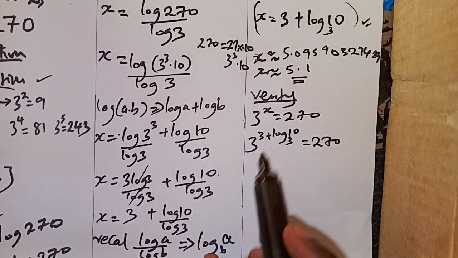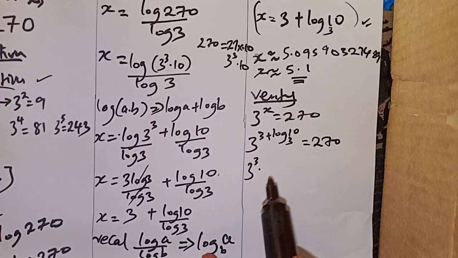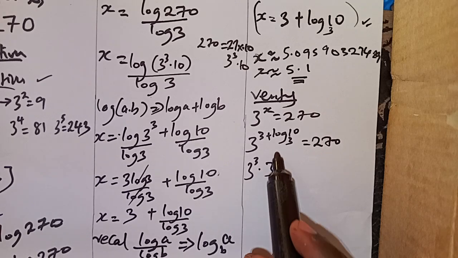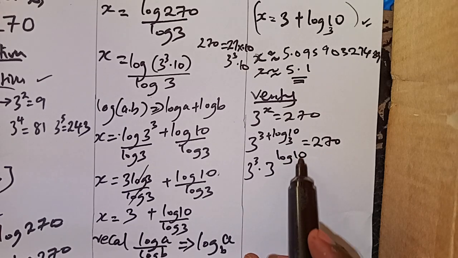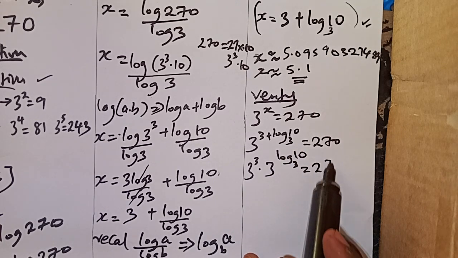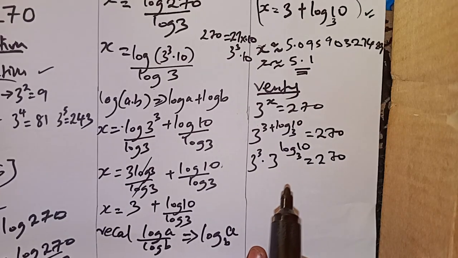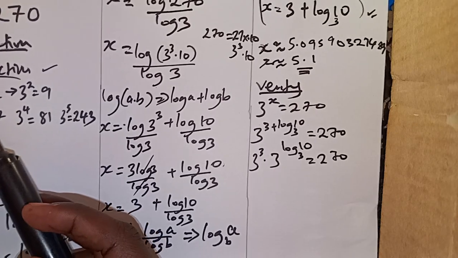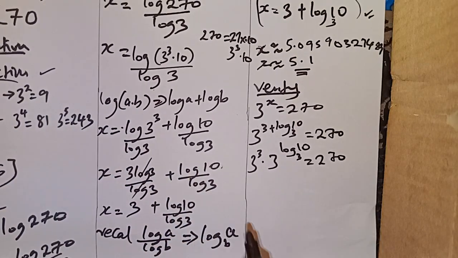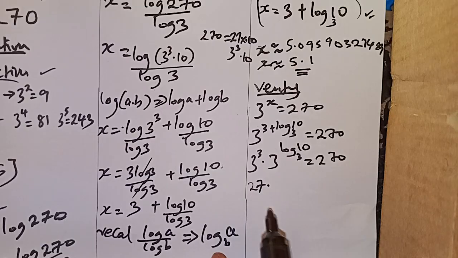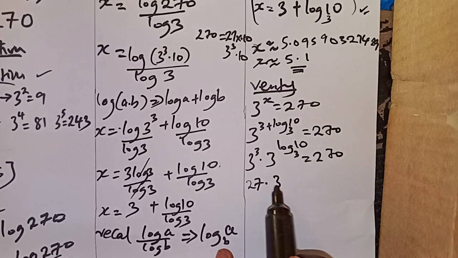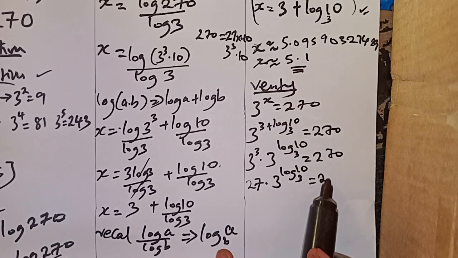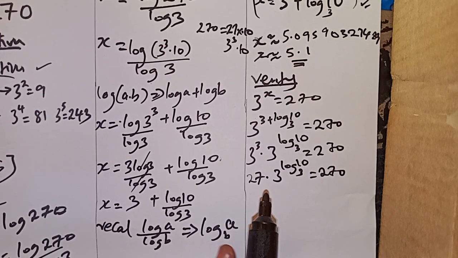Since the powers are added, the bases are separated by multiplication: 3 to the power 3 multiplied by 3 to the log 10 base 3 should give me 270. From here, you know that 3 to the power 3 is 27, multiplied by 3 to the log 10 base 3, equals 270.